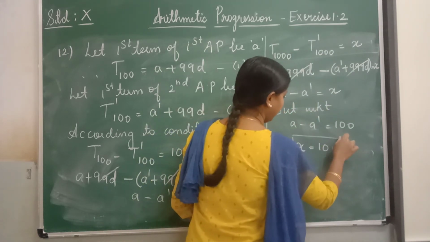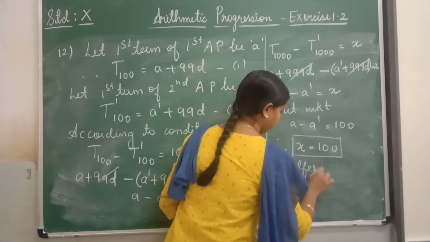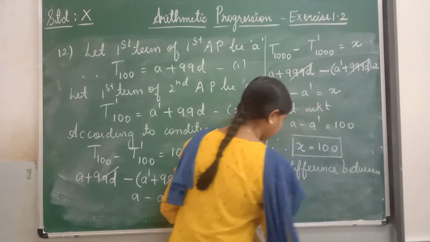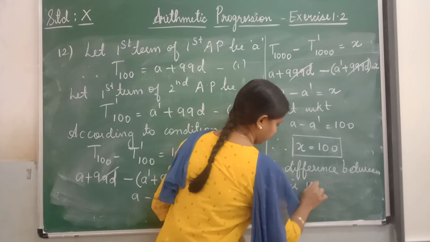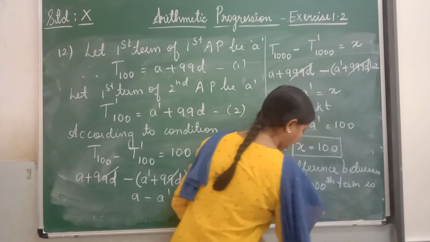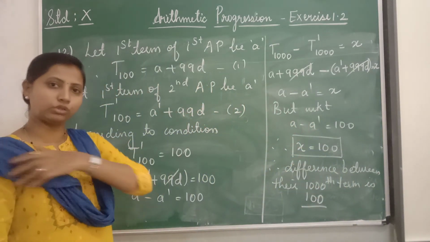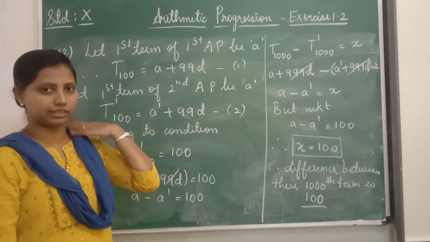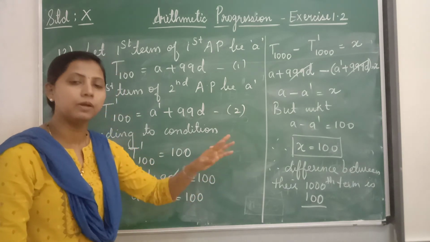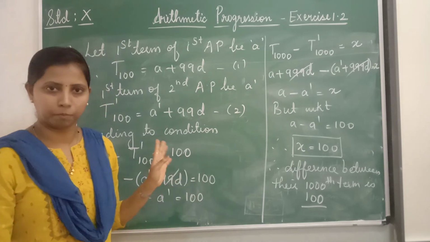So the difference between their 1000th terms is 100. Yes, children. So as we had seen in the example, if two APs are there with the same common difference, then the difference between any of their terms will always be the same.